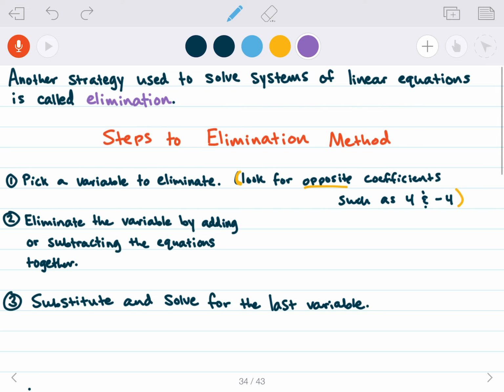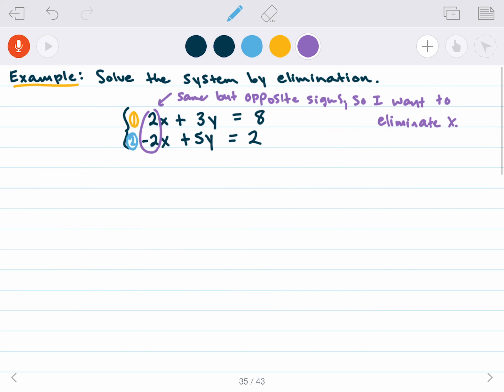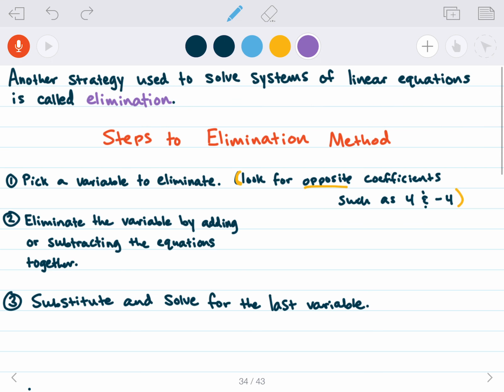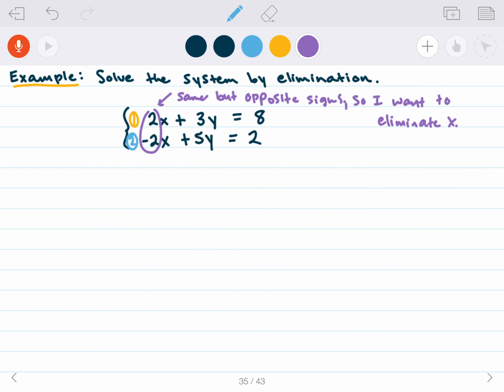Okay, so we've decided to eliminate x. We did step 1 because we saw that both of our coefficients of x are the same number yet opposite signs. So I know I'm going to eliminate that. Our second step is to add the equations together to cancel out the variable.